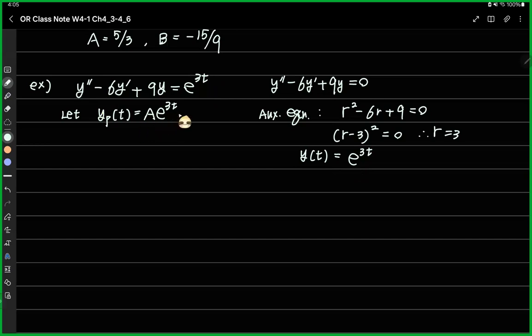So that cannot be a solution to the non-homogeneous differential equation. We need to find a function which is linearly independent of this. One simple choice is to put t between a and e to the 3t. That could be a solution.